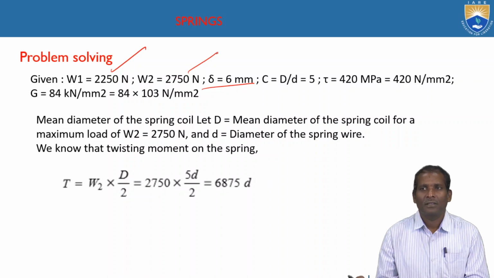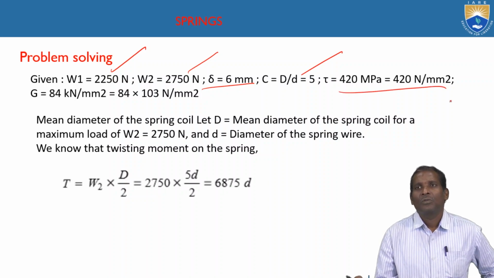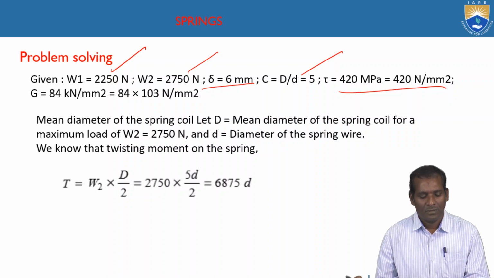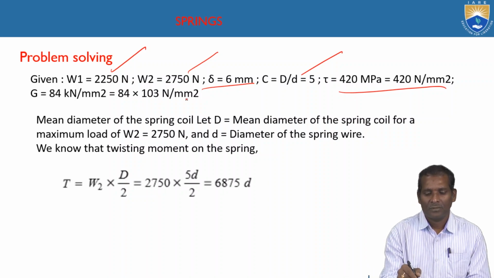And C is D by d, the spring index, whose value is 5, and the shear stress value is 420 megapascal, that is 420 newton per mm square. G is 84 kilonewton per mm square. So here convert into newton per mm square.